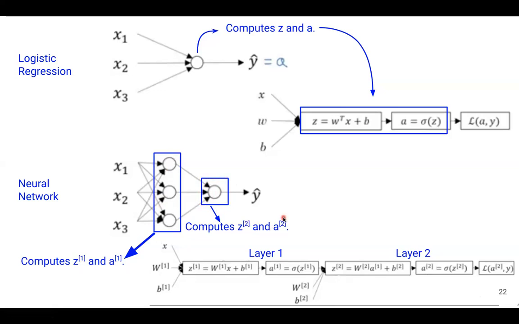So you can see the pattern here, that this is basically doing exactly the same kind of computation, but repeated many times. That is the only difference between logistic regression and neural network. Otherwise, all the ideas of forward propagation, back propagation, gradient descent, and sigmoid function, they are the same between logistic regression and neural network.